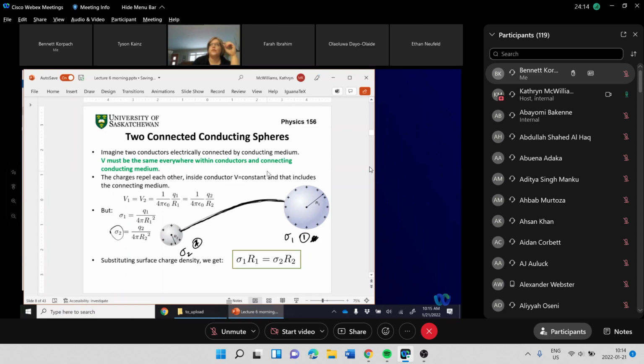So what this wire connection does is hold the potential constant. So the potential of this surface charge and this surface charge are the same because they're connected by this conductor. Is that stressful for anyone? Is anyone wondering why that's happening?